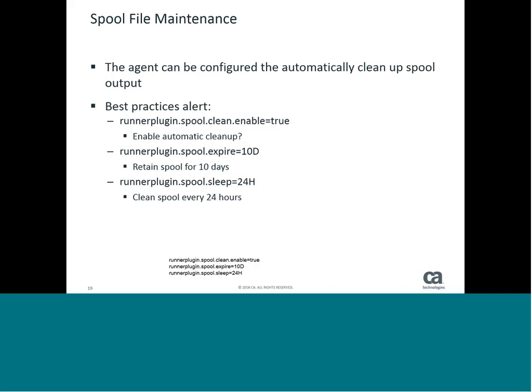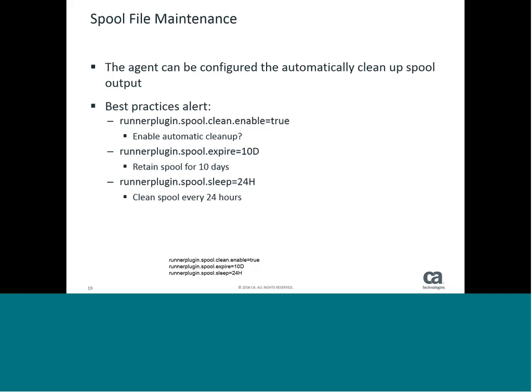There are 3 settings. The first one is whether or not you are going to enable it. It's a true or false, and that is runner plugin spool clean enable. The second one is how long you are going to retain the spool files.